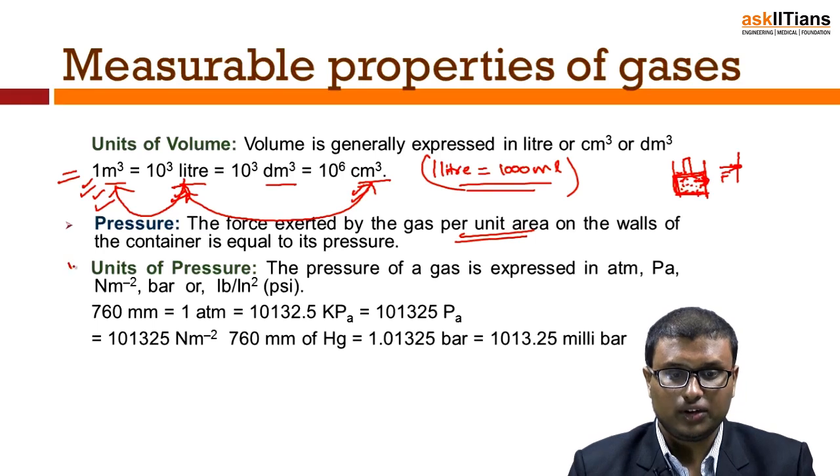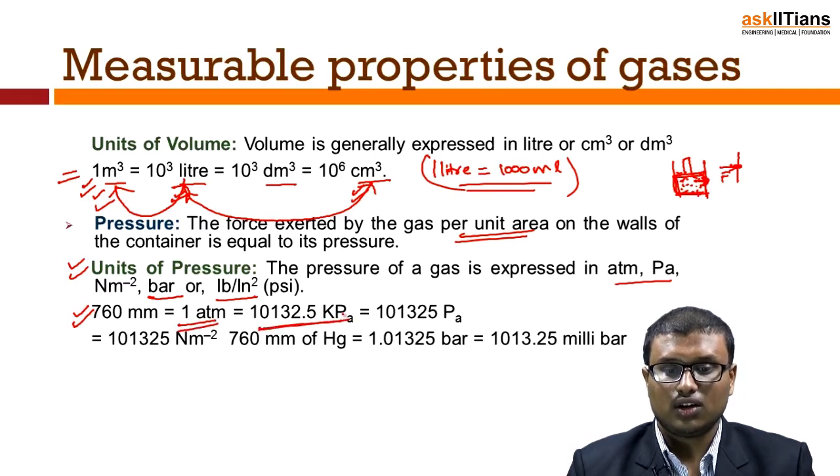What are the different units of pressure? They are atm, pascal, bar, and pounds per inch square. And what is the important conversion? 760 mm Hg is equal to 1 atm, which is equal to 101.325 kilopascal.